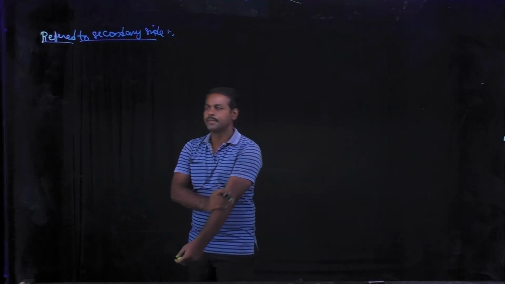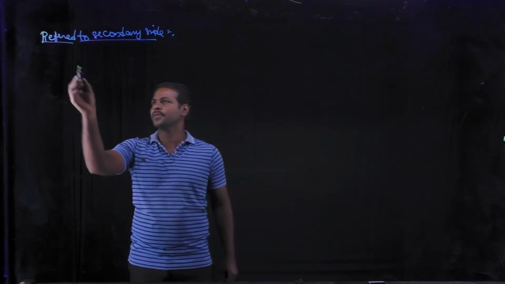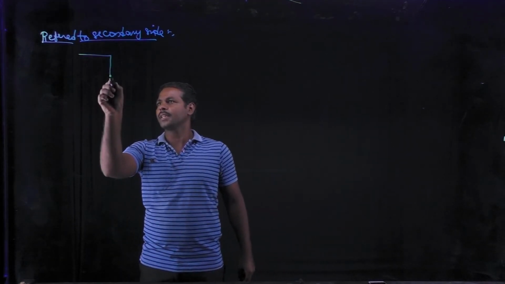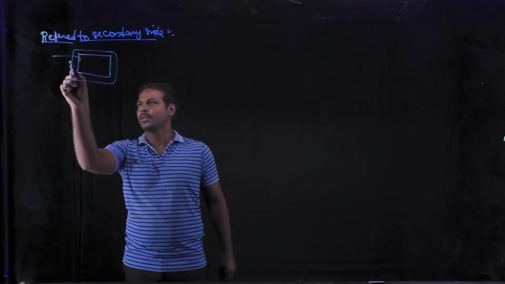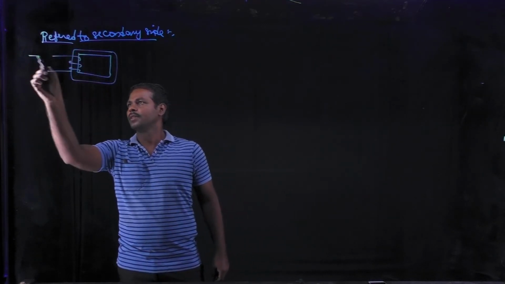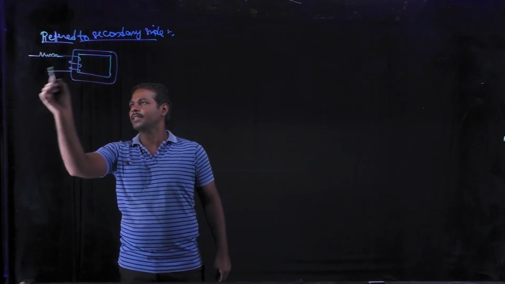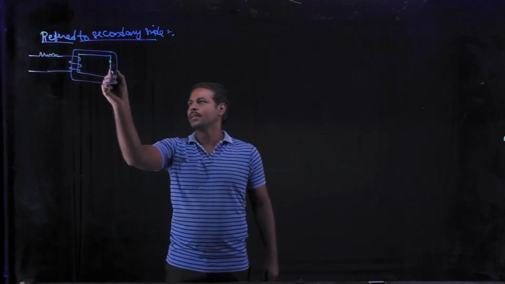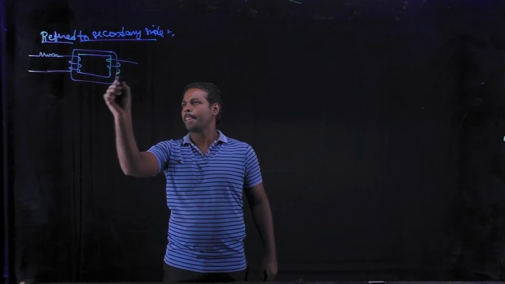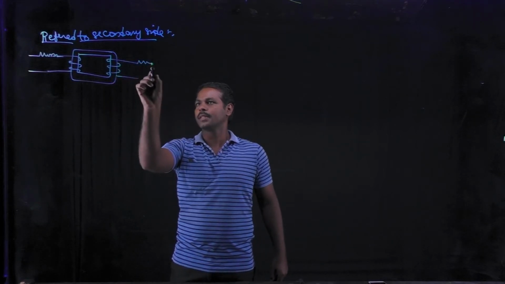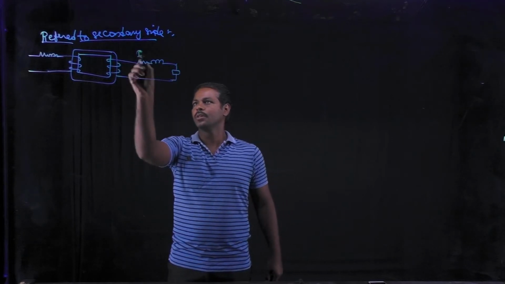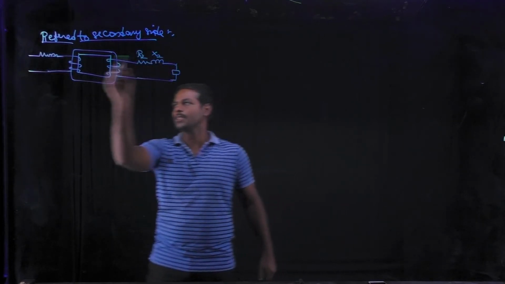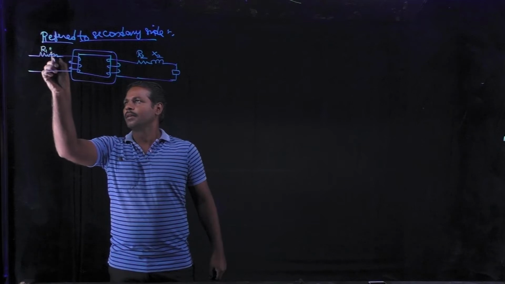So that means first of all we can draw the general equivalent circuit diagram of a transformer. So this is the magnetic core, which is to be connected to the resistance and reactance of both the windings. Another one is the resistance and reactance which is to be connected across the load, which is equal to R2 and X2, R1 and X1.